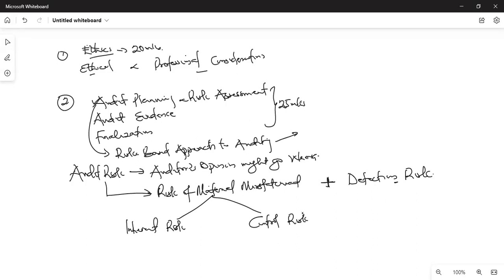Last week we explained inherent risk as the risk of material misstatement that occurs due to the nature of the company and its business transactions.